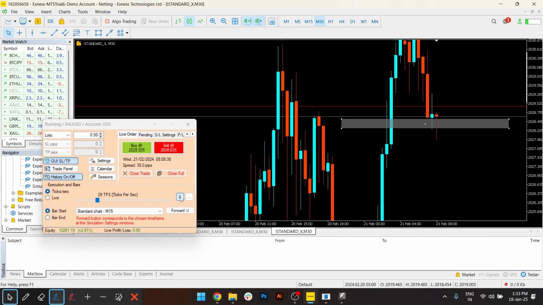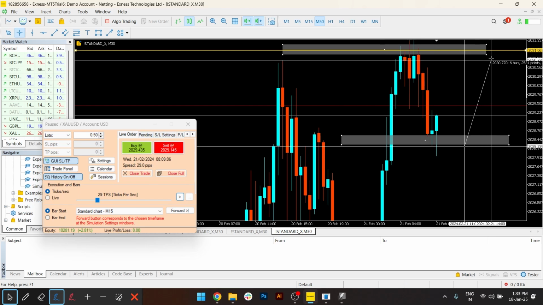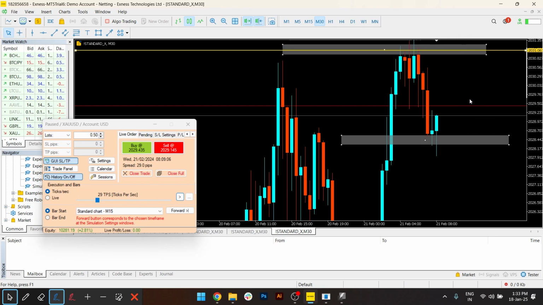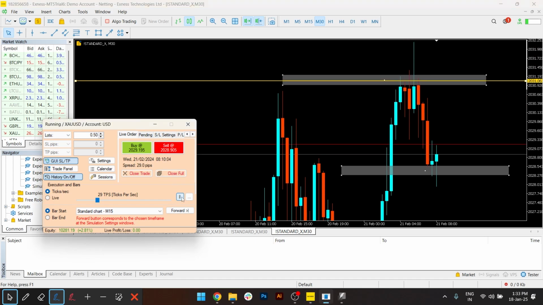I don't want to rush in. See, we broke in the first 2 minutes, and what happened? Price created a bottom wick, and then we're breaking the high. So you better wait. So the 15-minute is closing bullish, I think.